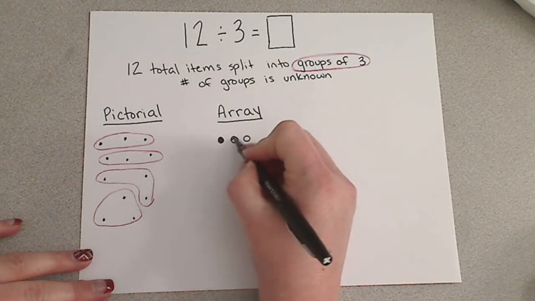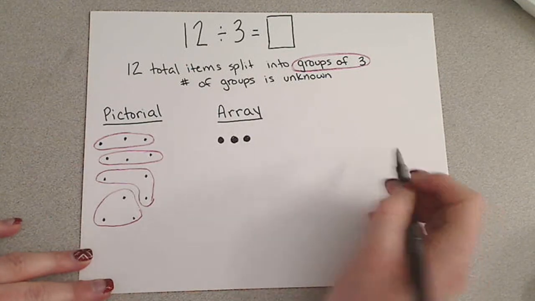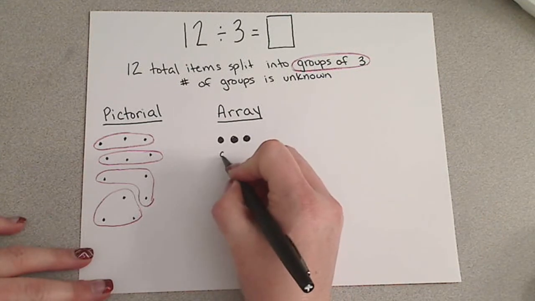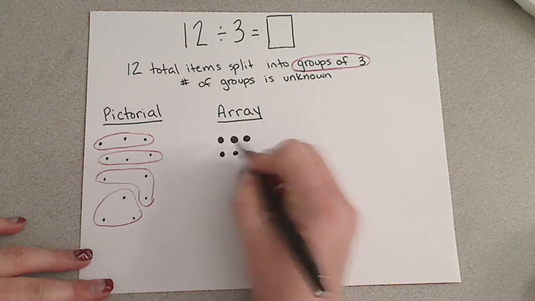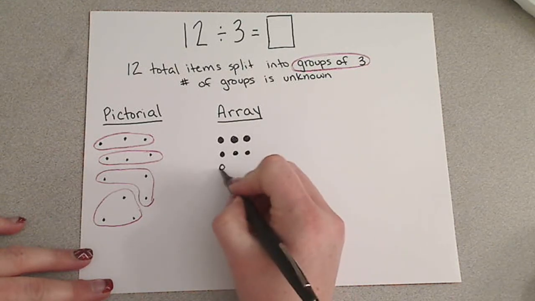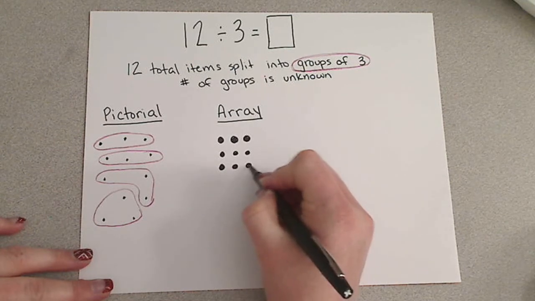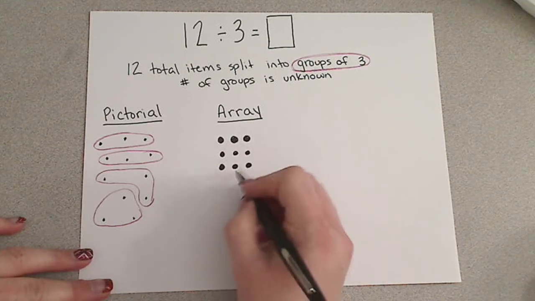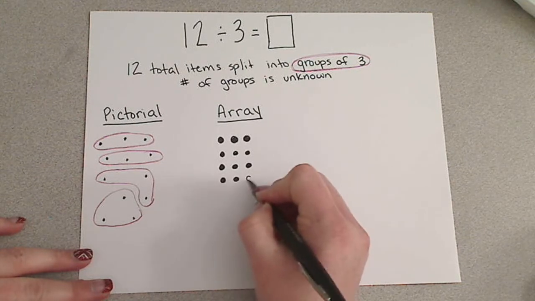I'll even color these in to make this a little easier for them to understand. So I have 3. Then I'm going to add 3 more. 1, 2, 3. Well, now I've got 6, so I'm halfway there. 1, 2, 3. That makes 9. And 1, 2, 3.